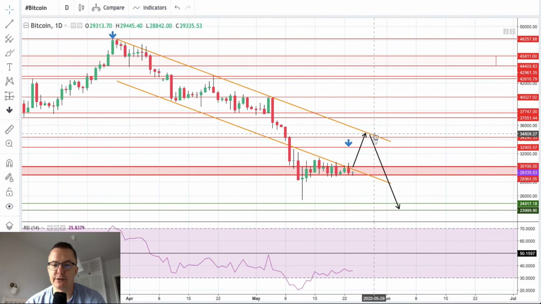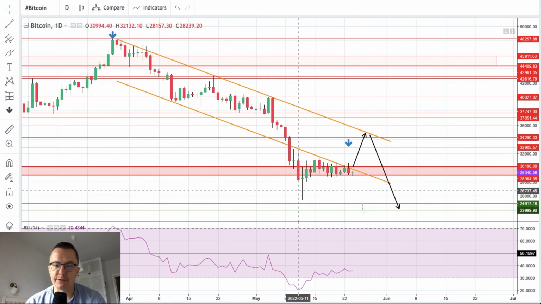However, this trend is not even being considered by the bulls right now, because they are still below the lower channel line, and it looks like we might break below 28,600 again. That means we will test the lows from the 12th of May and go lower towards 24,917 or $24,000.